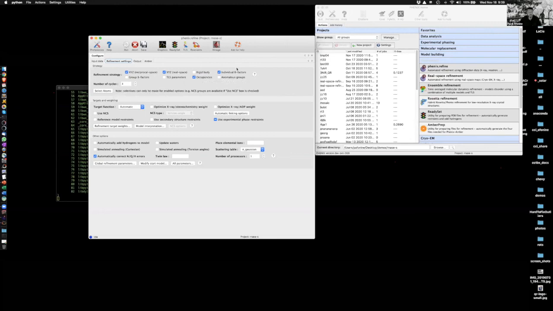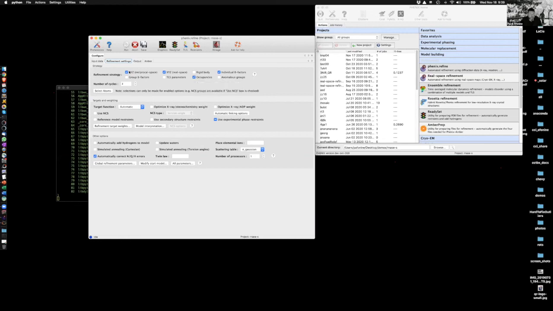For the B factors, it's going to refine individual isotropic B factors. For occupancies, it's not going to refine anything that is fully occupied, but it's going to refine occupancies of partially occupied sites, which includes alternative conformations.